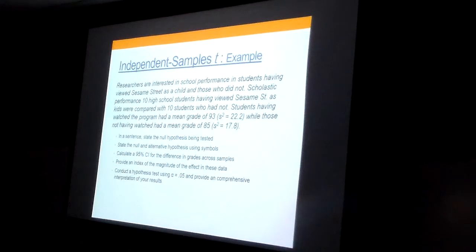So generally, in this situation, you could say Glass's delta because we have a control group, or you could say unbiased g because we've got really small samples. Couching this within the standard deviation of the control doesn't outweigh the fact that we're using incredibly small samples. And so either one of those I would probably accept as a reasonable argument.